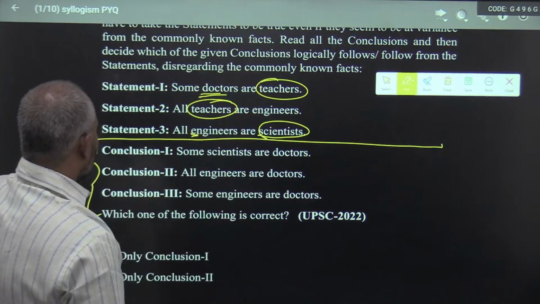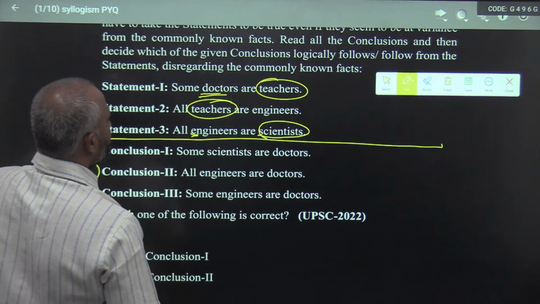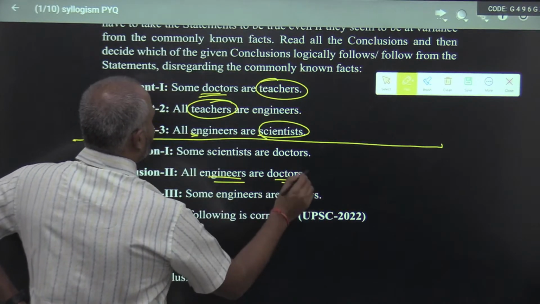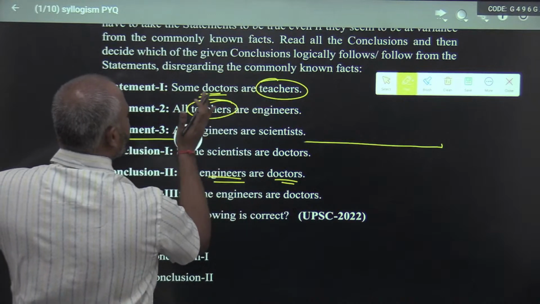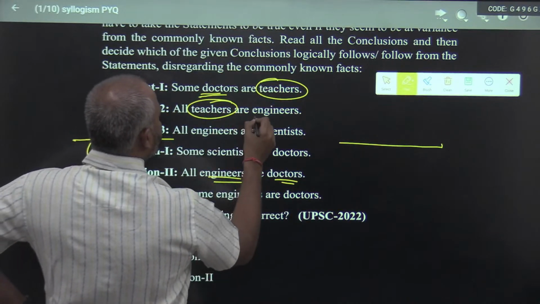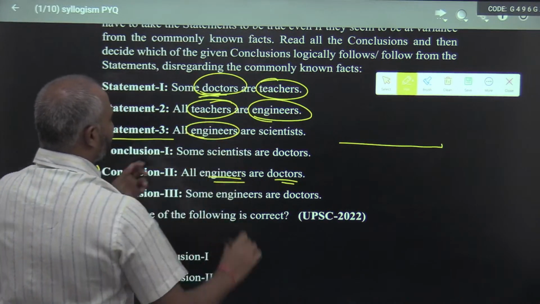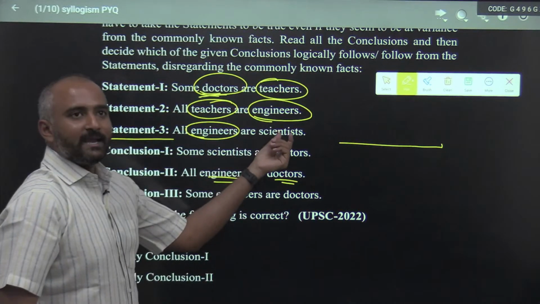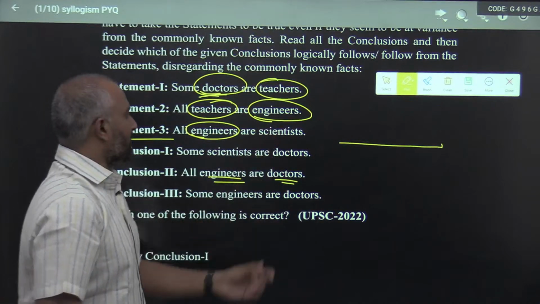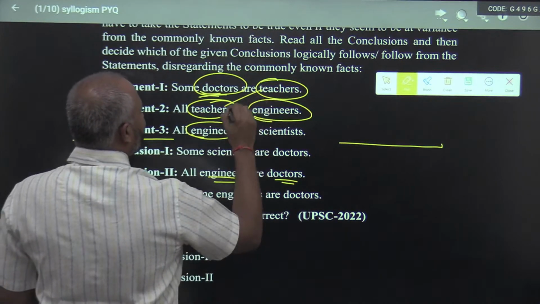So we need to draw a relationship between engineers and doctors. Engineers are here, doctors are here. Engineers are also here, but they are through scientists. The common element is scientists. Instead of that, the teacher is a common element, right?